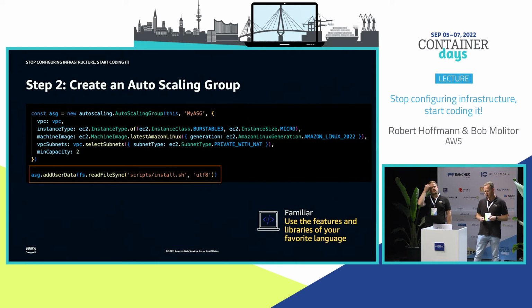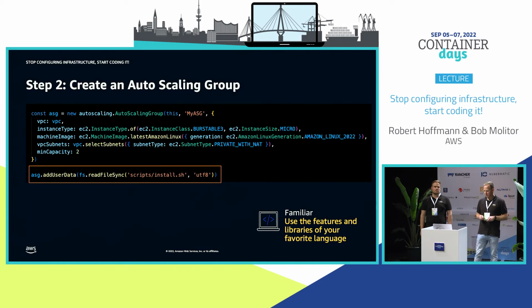Then we have to put in a couple more parameters here, like machine image, or what we want to deploy, in which subnet. We just type them in, and we say the minimal capacity, as an example, we want to scale up to 2.